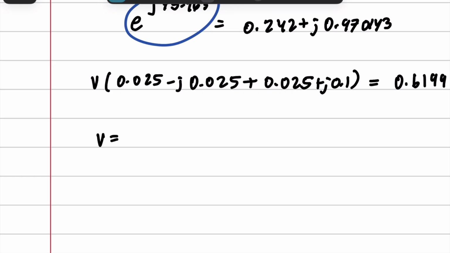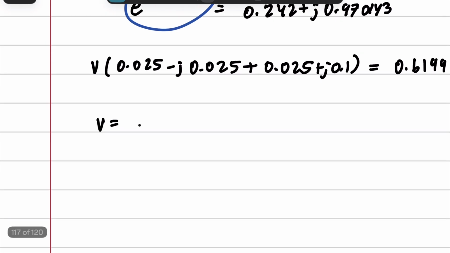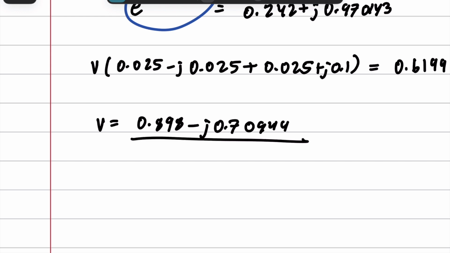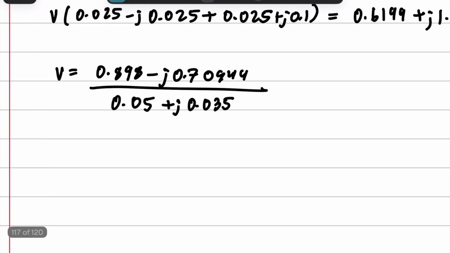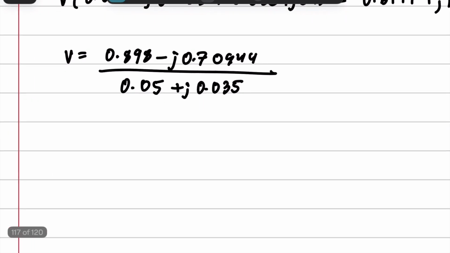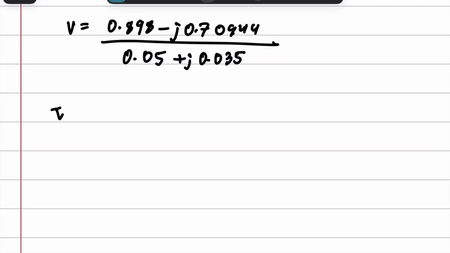And you're going to have V equal to 0.898 minus j0.70944 over 0.05 plus j0.035, like so.